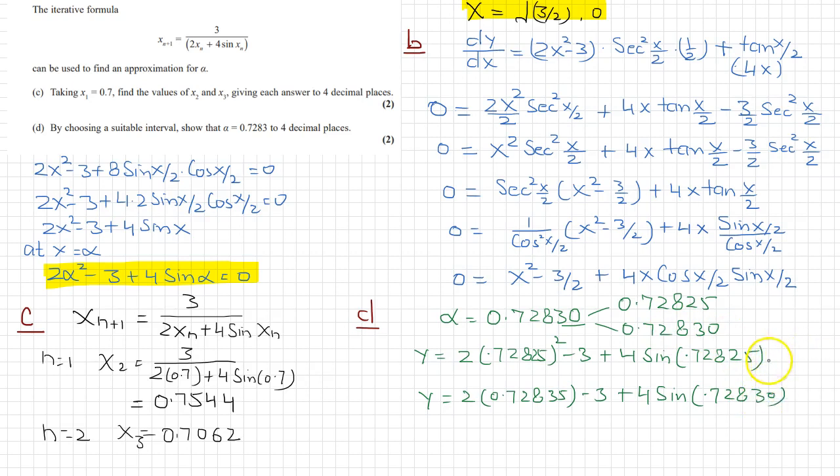In this case you are going to get this value. This will be negative, meaning less than 0, and this is positive, meaning greater than 0.